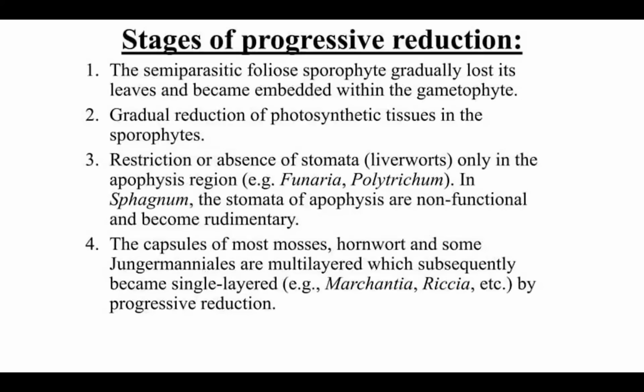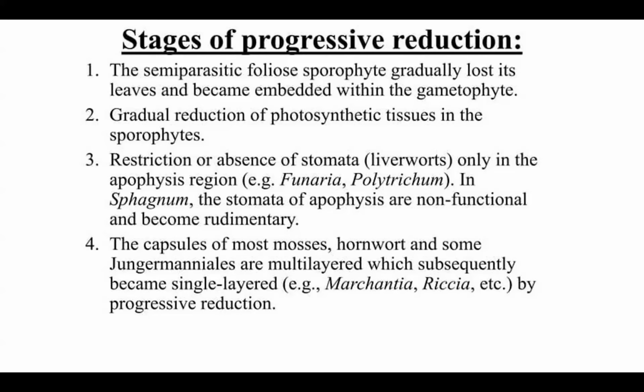So they are all lost. The semi-parasitic foliose sporophyte gradually lost its leaves and becomes embedded within the gametophyte. So the capsule is developed directly on the gametophyte, and the foot and seta are reduced there. There is a gradual reduction of photosynthetic tissue in the sporophyte.